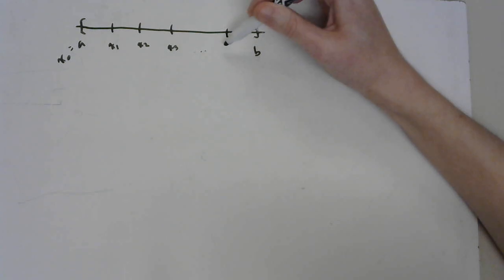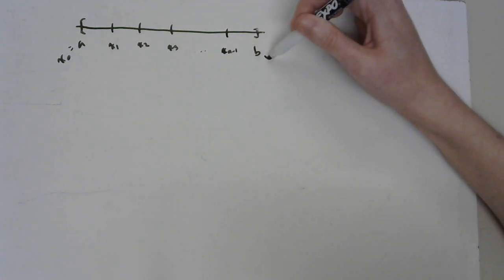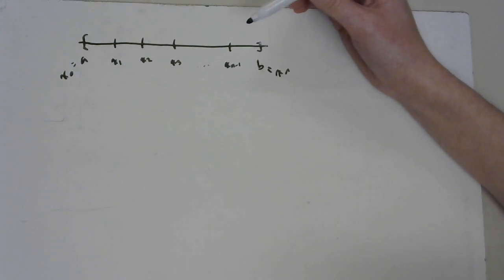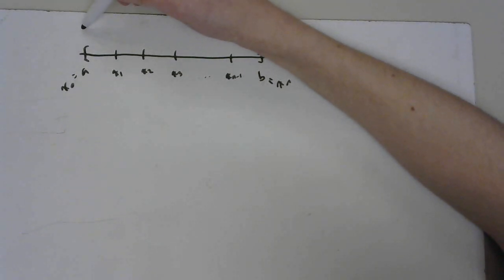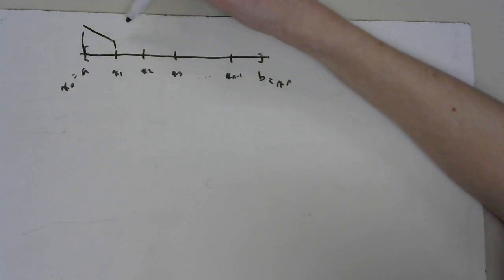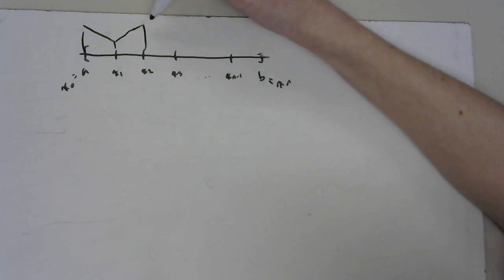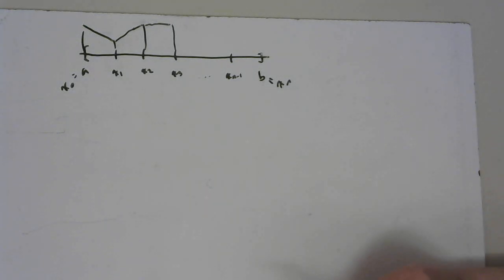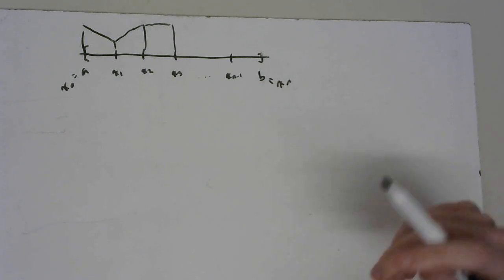Keep on going, we've got my x sub n minus 1 here, and b is x sub n. And then we've got our various trapezoids here, so maybe a trapezoid like this, and then one like this, and then it sort of levels off. So we're computing our trapezoid sum.